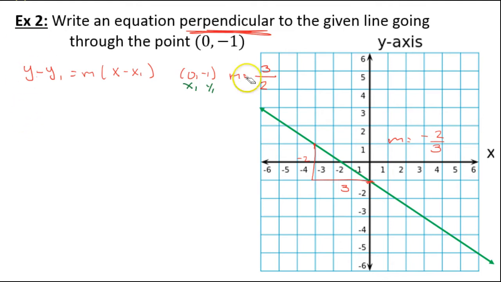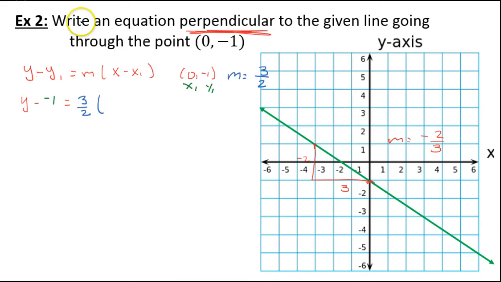I'm actually going to try to color code it to see if it makes a little more sense. I'm going to give you the slope in blue. So it's 3 over 2. So we have y minus my y1, which is -1, is equal to my slope, in this case 3 over 2, times x minus x1.